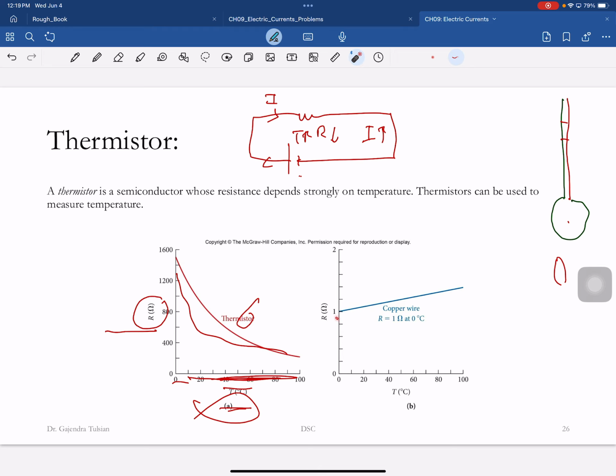Its resistance is not changing enough. For a 100-degree rise, its resistance is changing only about 20%, and the current would change about 20%, so that's not good. For this one, for a 100-degree change, the resistance is changing 400%. That's a good thermometer.